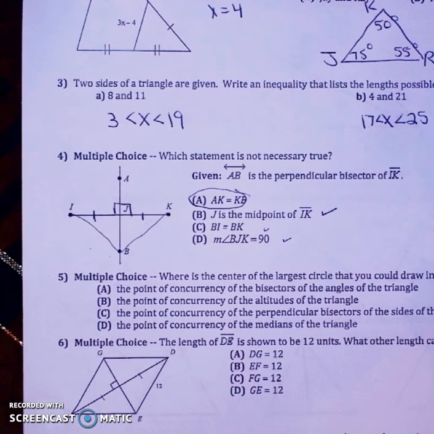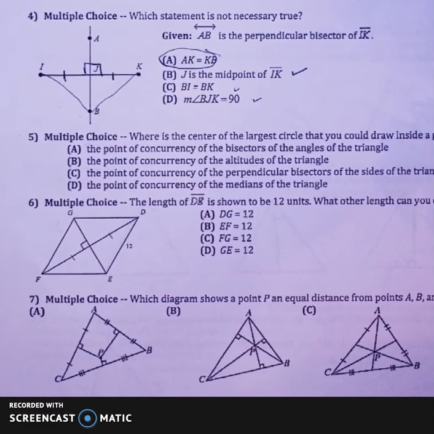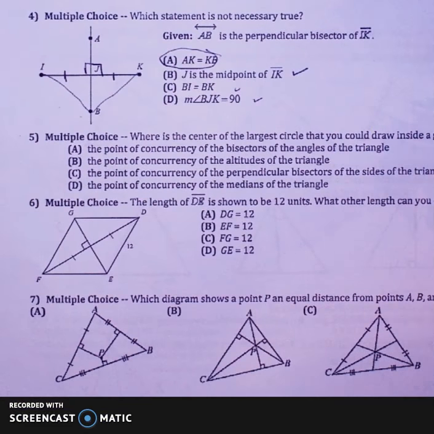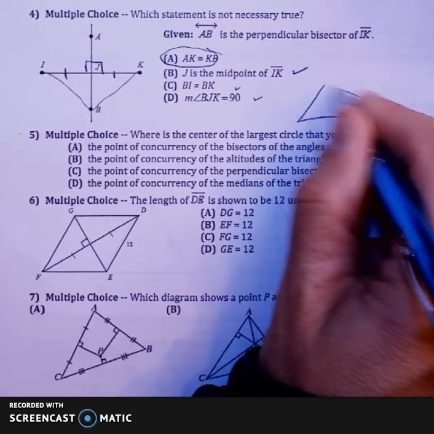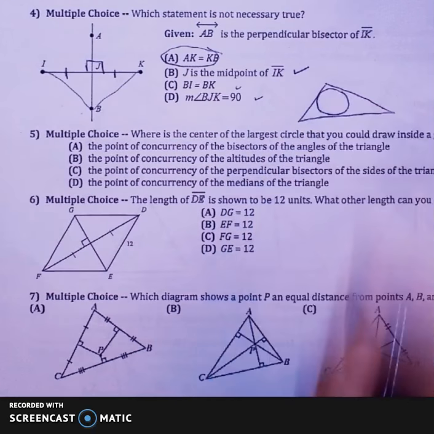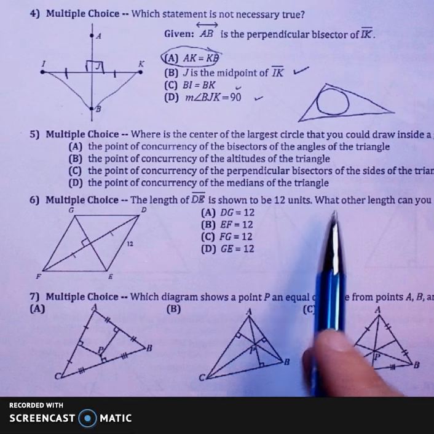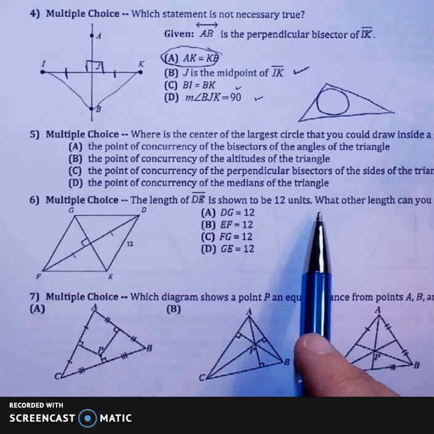Okay, moving on to number 5. Where's the center of the largest circle that you could draw inside a given triangle? So if we have a triangle, we're looking for a circle inside of that. So that's the incenter, which comes from the angle bisector.